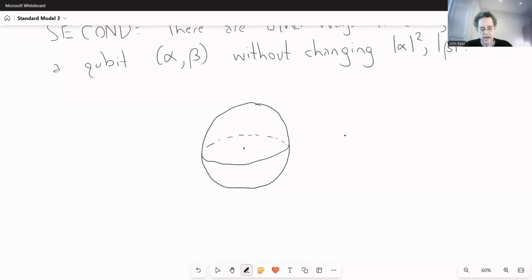Now, I said that if you're sure that your electron has spin pointing up, we denote that with a little arrow pointing up. So if the electron's spin is pointing up, then that corresponds to this point here, the north pole of the sphere.